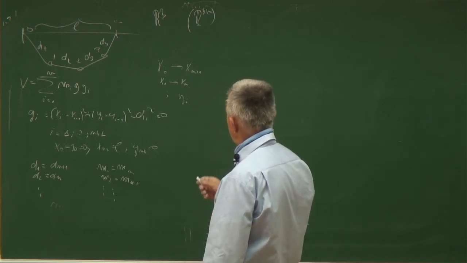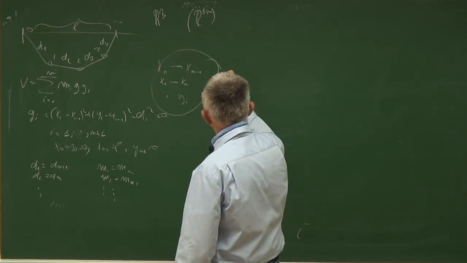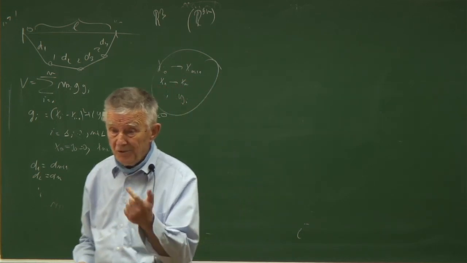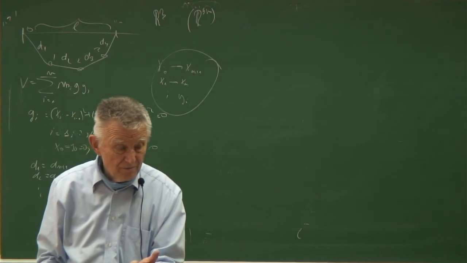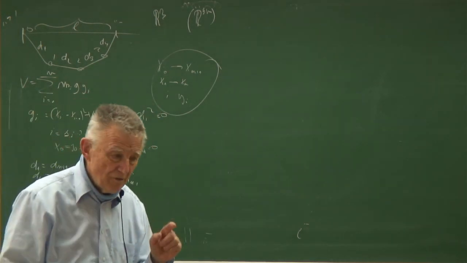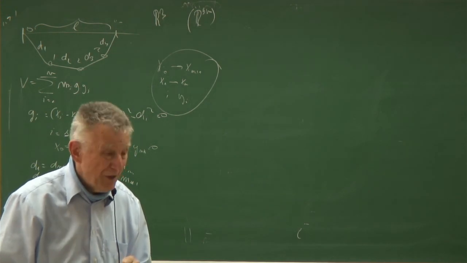And you see that this map doesn't change your manifold, and it doesn't change your function. So what we do, we look for a solution which has the same symmetry.